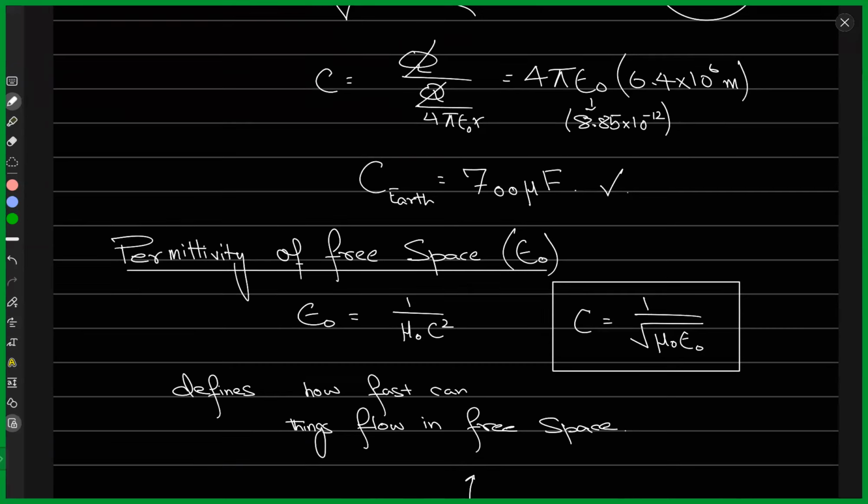It just tells you how big a capacitance 1 farad is. So 1 farad is a very big amount of capacitance. That's why the capacitors we use have their capacitance defined in microfarads.